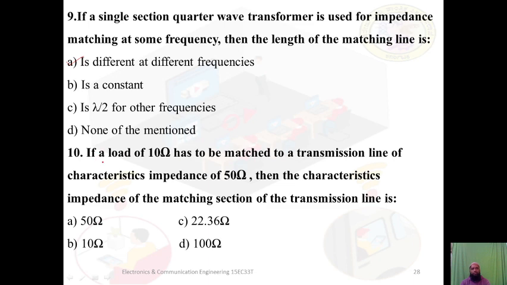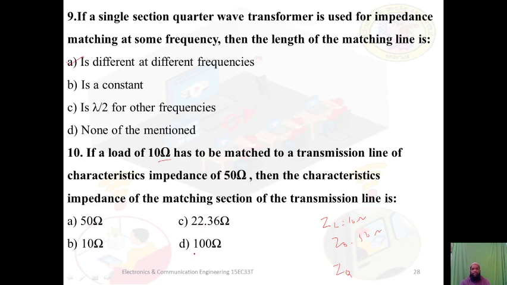And the last question: if a load of 10 ohm has to be matched to a transmission line of characteristic impedance, that is ZL is given as 10 ohm, and Z0 is given as 50 ohm. We need to find out the characteristic impedance of the matching section of the transmission line, Z0 dash. The options: option A 50 ohm, option B 10 ohm, option C 22.36 ohm, and option D 100 ohm.